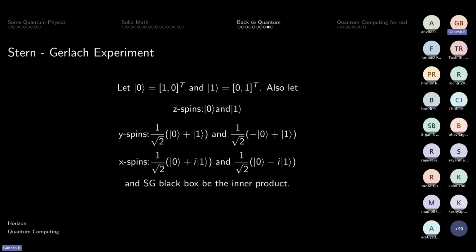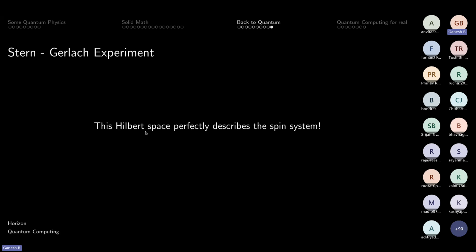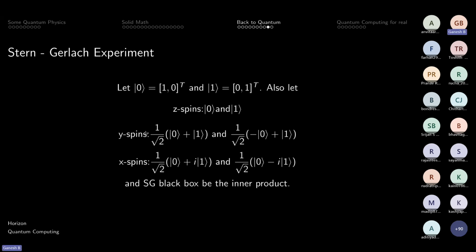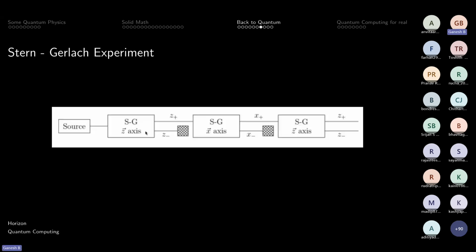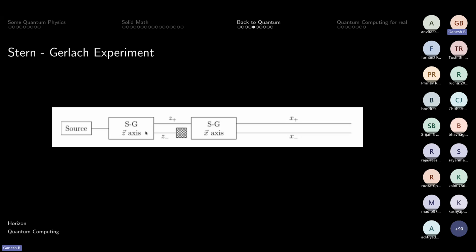With all this defined, I define this black box to be kind of like an inner product. Why does this definition make sense? Together, if you recall, this forms a Hilbert space. Go back to the first experiment, where you send a source which contains a random state of all these spins.